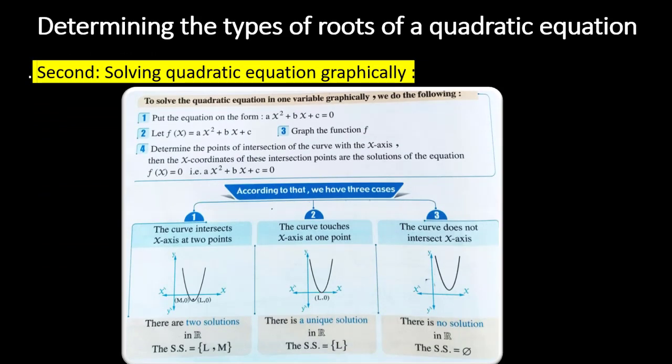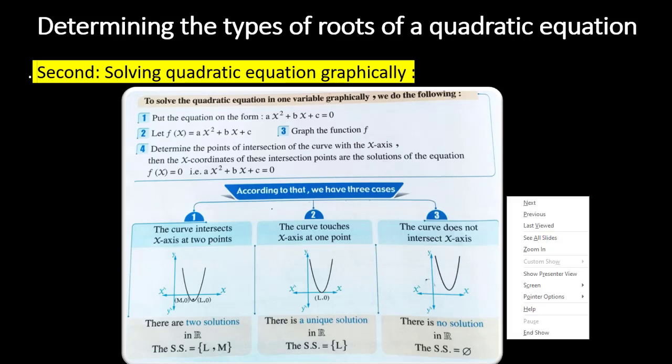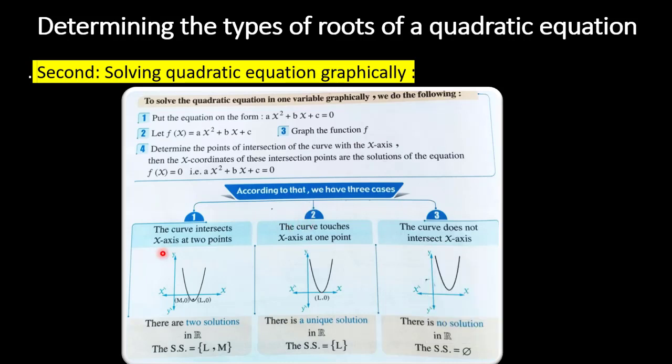By drawing, we studied how to determine the number of solutions. Here we have the curve. In this case, this curve intersects the x-axis in 2 points. The x-coordinate of each of the 2 points is the solution.